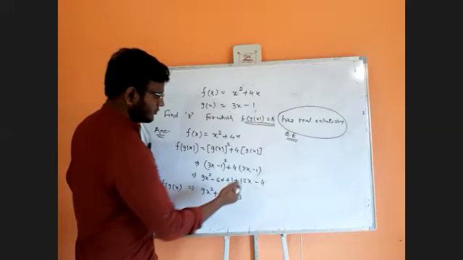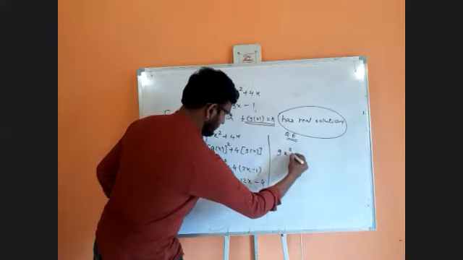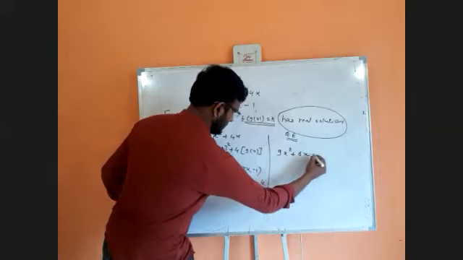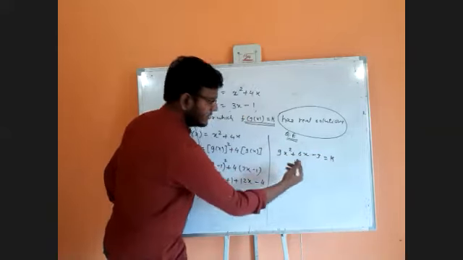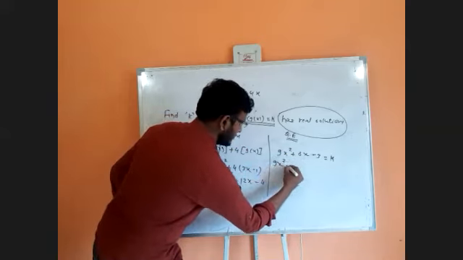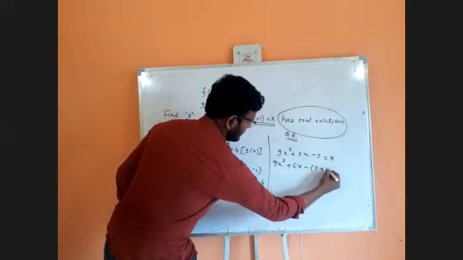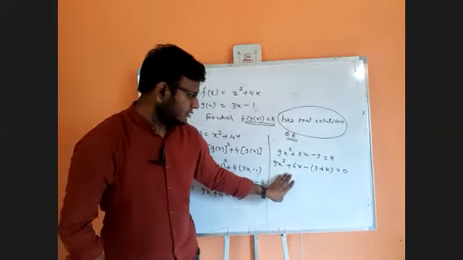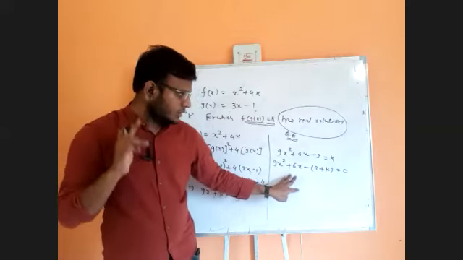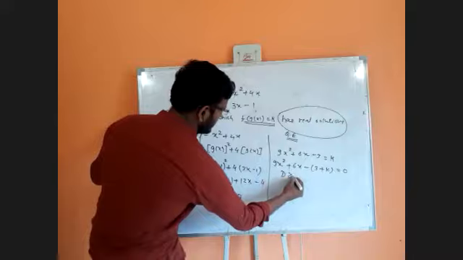What is my equation? 9x square plus 6x minus 3 is equal to k. Just bring it on the other side. So 9x square plus 6x minus 3 plus k is equal to 0. This equation is having a real solution. It means the discriminant for this should be greater than or equal to 0. You just have to solve it for this.